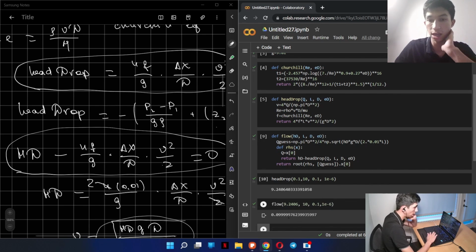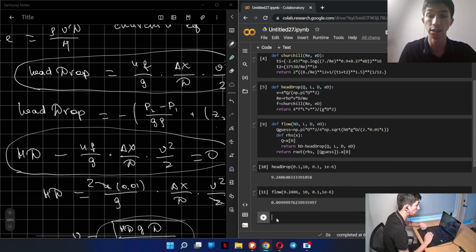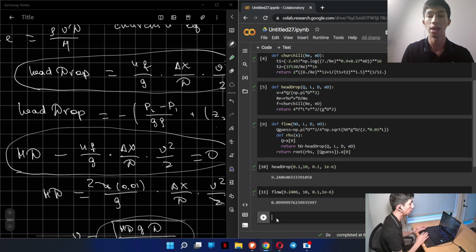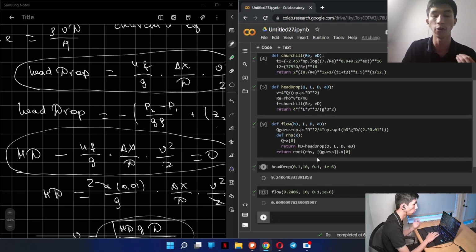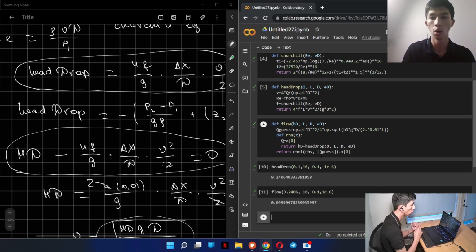Okay, so we're getting a very close number to 0.1. That tells us that we worked correctly to create two functions that calculate the flow when we have the head drop given, and calculate the head drop when we have the flow given.